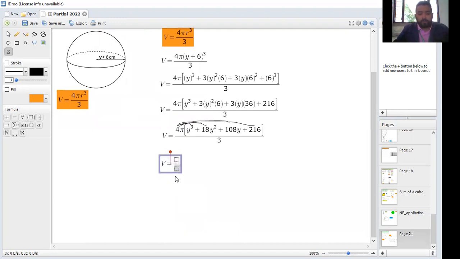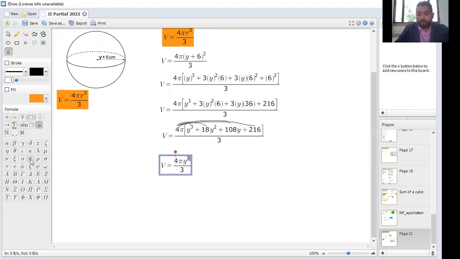So it's going to be divided by 3, because we copy this number, and it's going to be 4 pi y to the third power plus 18 pi y to the second. We express the answer with pi, plus 108 pi y plus 216 pi.